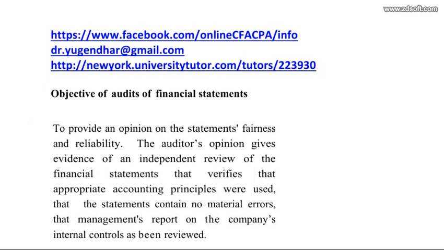He verifies whether the company followed appropriate accounting principles, whether the statements contain any material error, whether the company is doing any fraud, whether management concentrated well on the company, what the internal control system of the company is, and whether the internal control system is verified by the management every time. Everything is checked clearly, and finally he gives his opinion. If the opinion is good, then go ahead with the analysis. If the opinion is not good, then stop your analysis process.